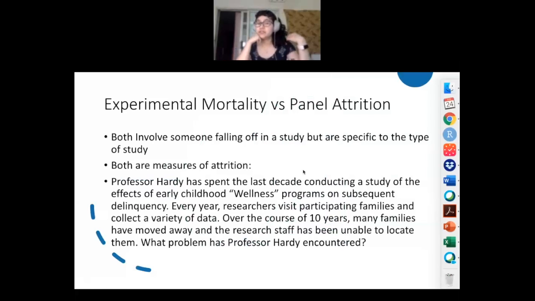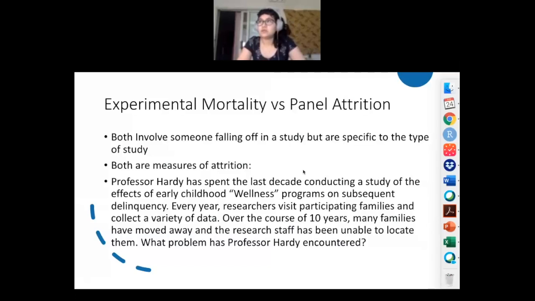Okay, and I just want to get at experimental mortality versus panel attrition. This was a difficult question on the first quiz, and both involve someone falling off in a study, but they're specific to the type of study. Experimental mortality has to deal with people falling off of an experiment, and sometimes this literally happens with people passing away.